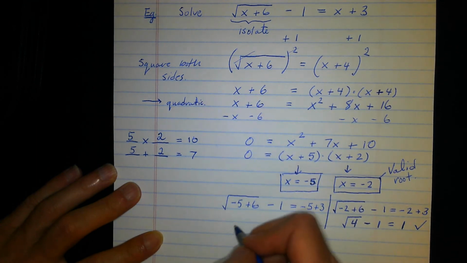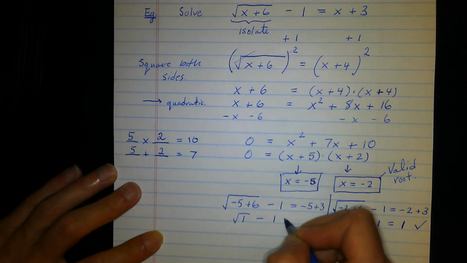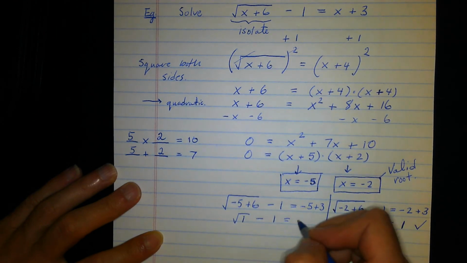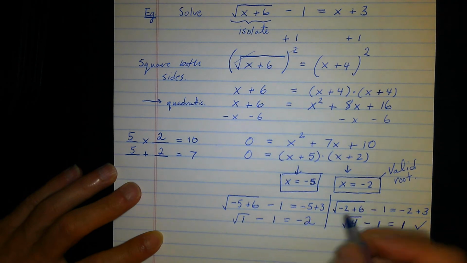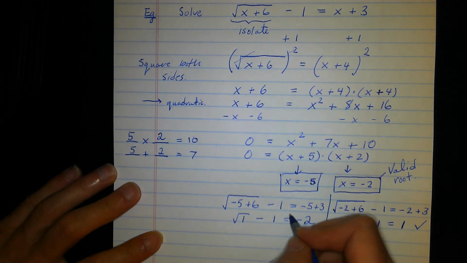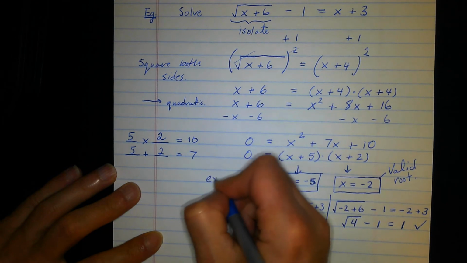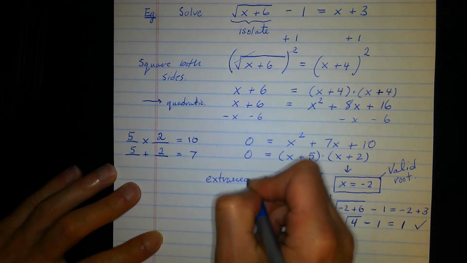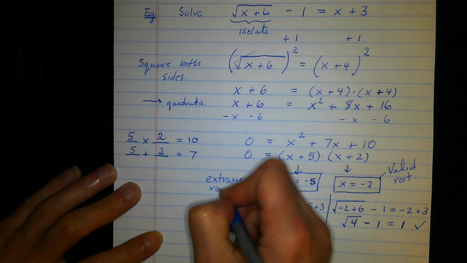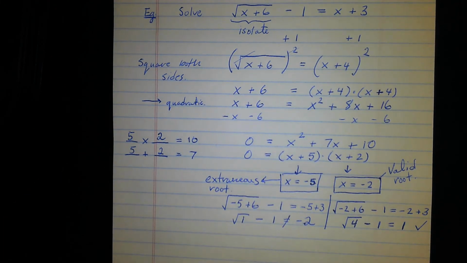And this just gives me the square root of 1 minus 1 equals minus 5 plus 3 is minus 2. And what do we get? 1 minus 1 is 0 equals minus 2. No, that's not true. Therefore, this is an extraneous root. And sometimes we get extra solutions that don't work with the original equation.